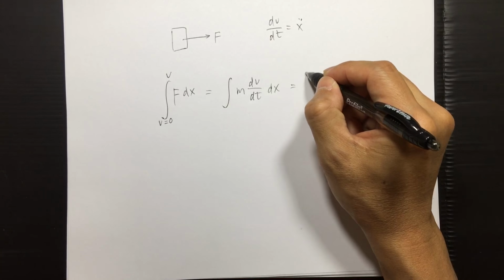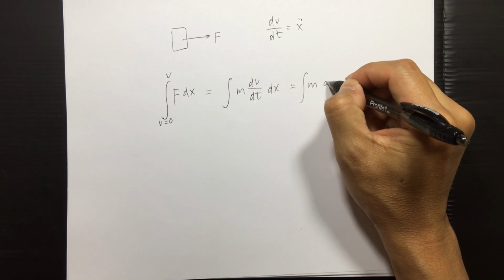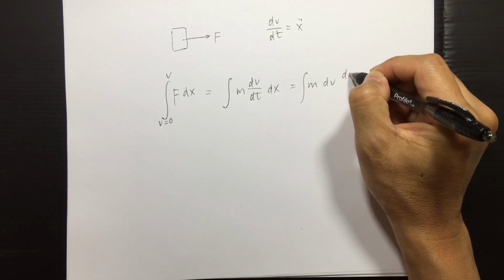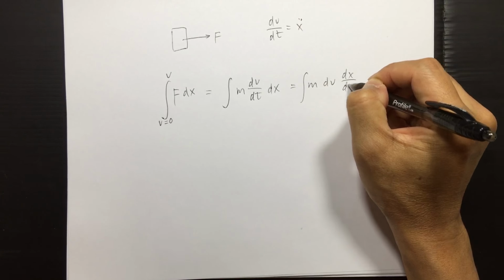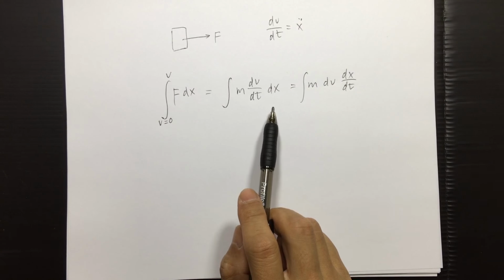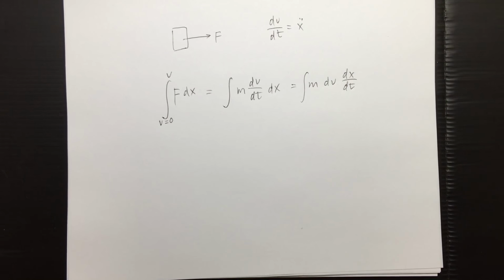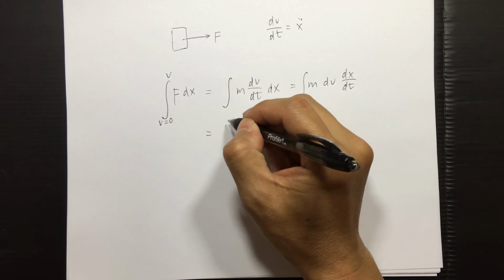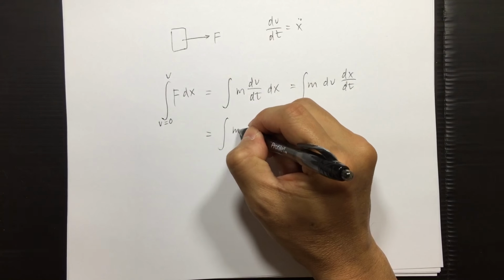Okay, I'm going to write this slowly so you see it. I'm going to transfer this dt from this side to that side. Makes sense, right? What's dx/dt? dx/dt, that's velocity. Let's write this first.